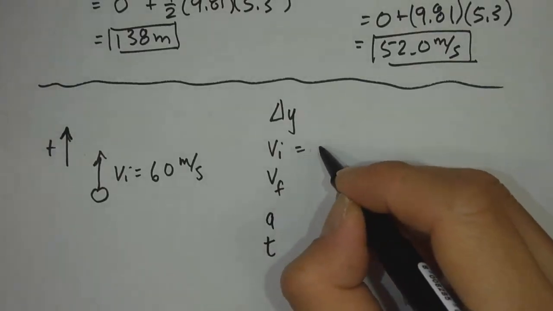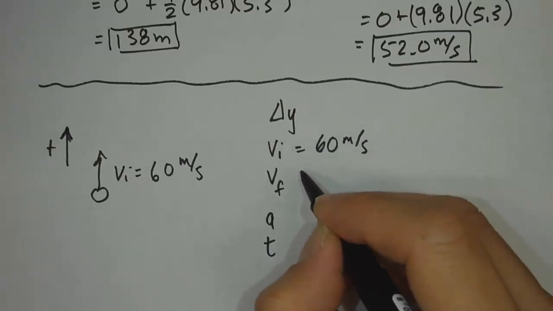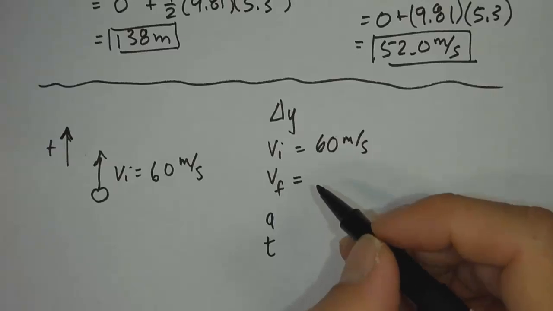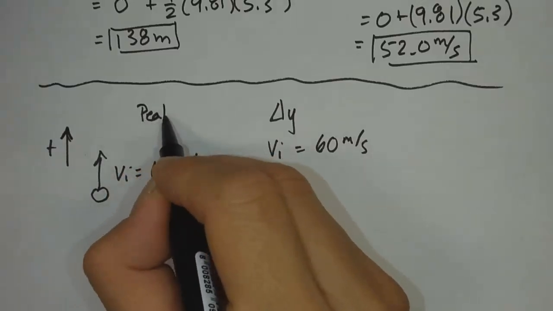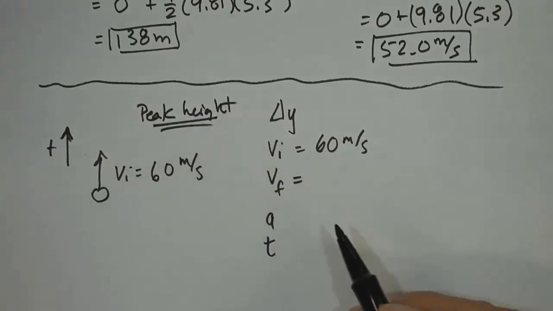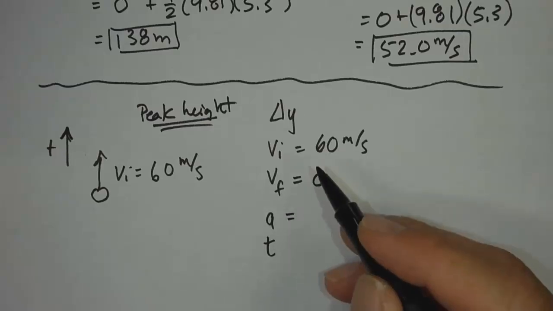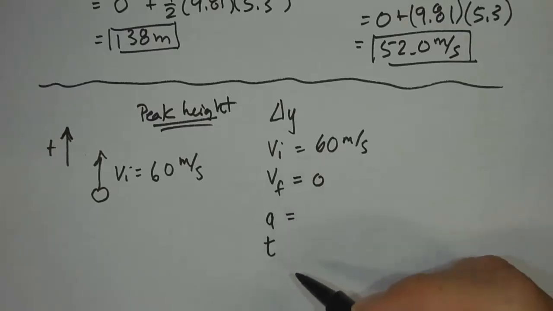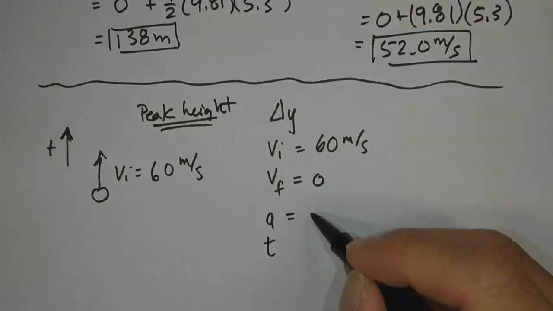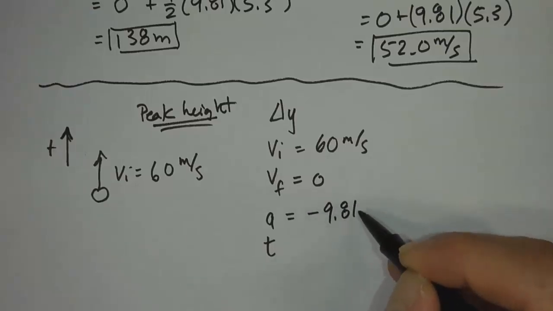The initial velocity is 60 meters per second. The final velocity at the peak is going to be 0 at the highest point. Since up is positive and acceleration is always down towards the Earth, the acceleration will be negative, so negative 9.81.